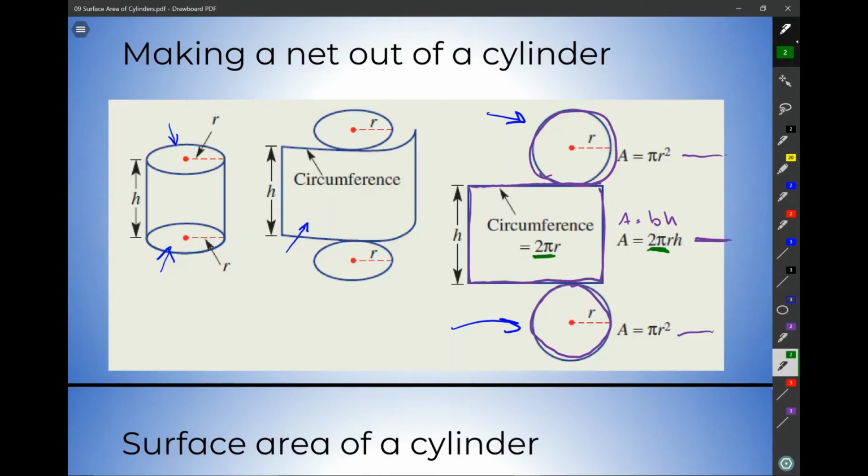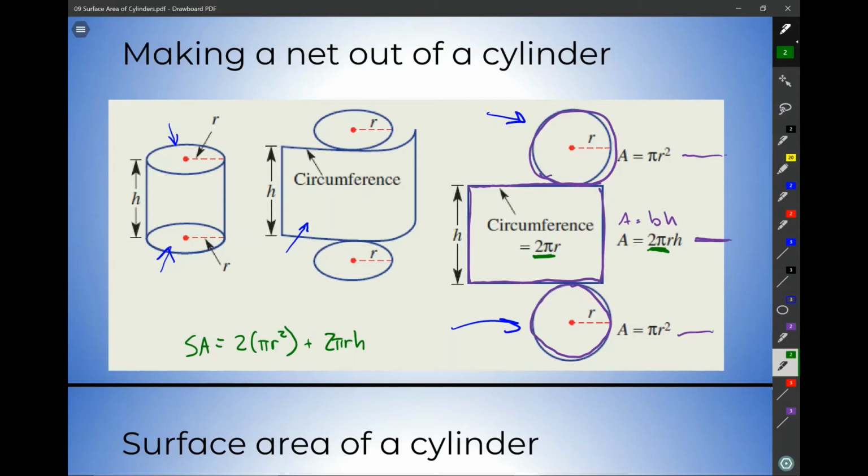So what we can end up with here is a formula for the surface area of a cylinder. We need 2 times the area of the circles, and then we need the area of the rectangle.